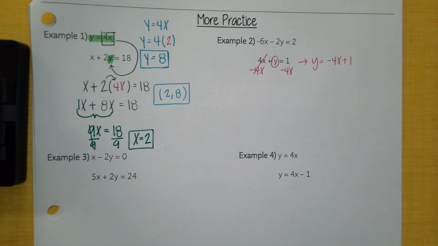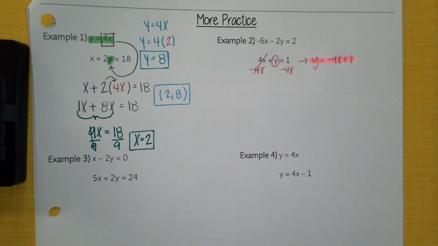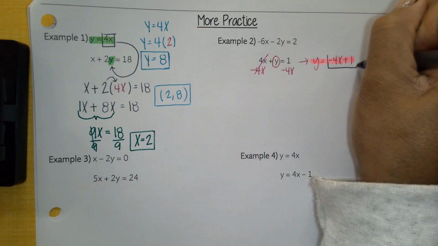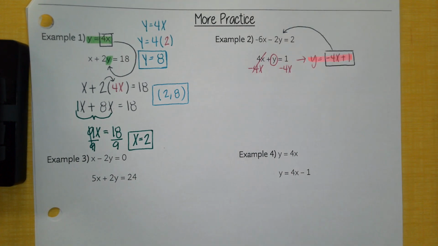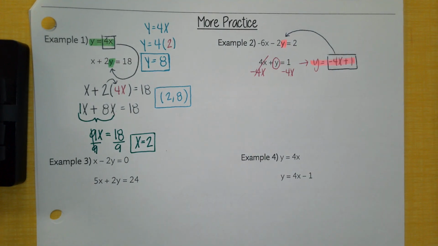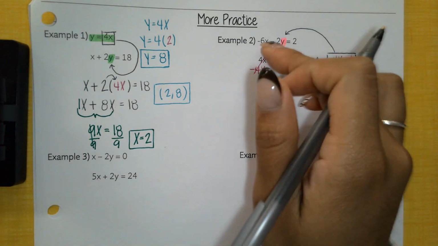Okay, so now we're going to go ahead and plug this y into the first equation. So now we're using y is equal to negative 4x plus 1. I'm going to replace it in the first equation because that's the one that I didn't mess with.